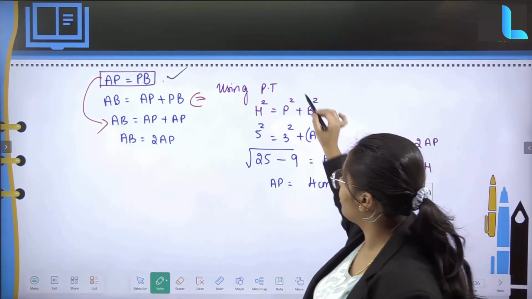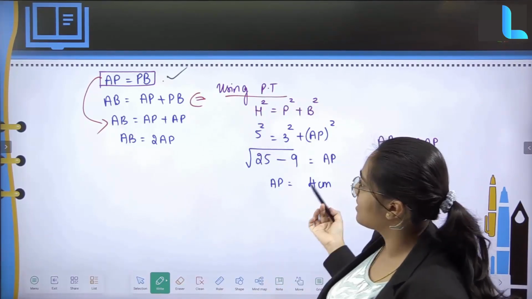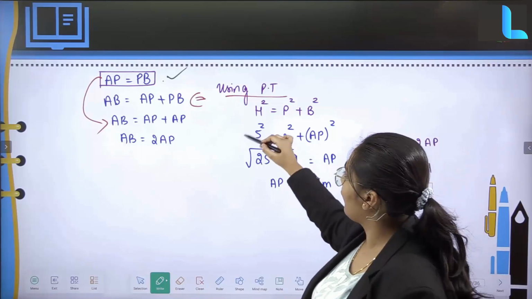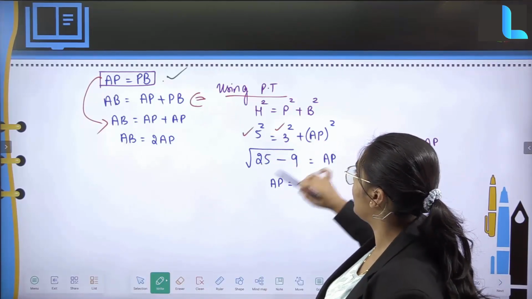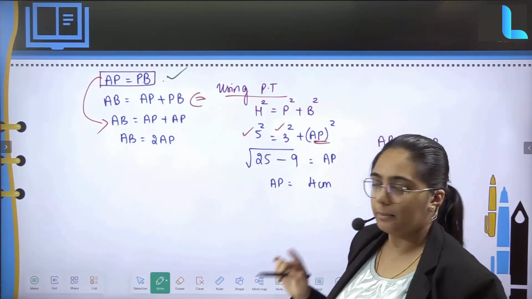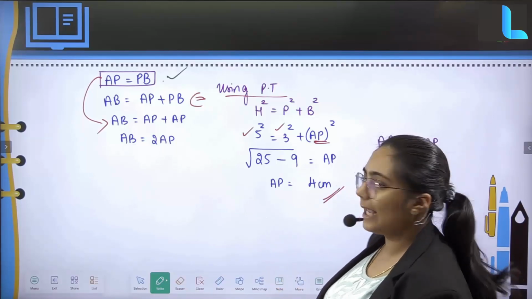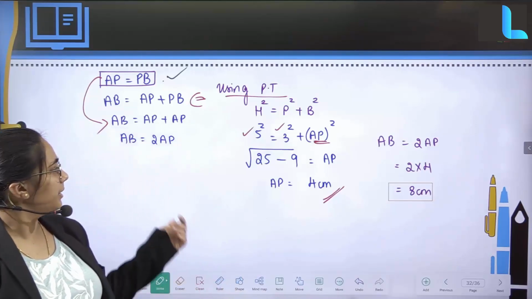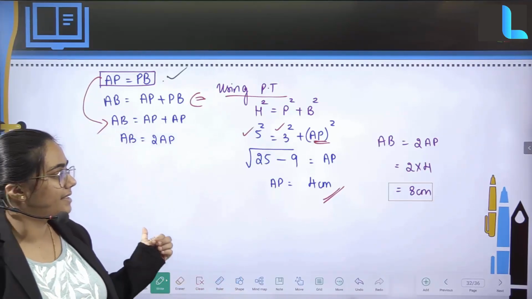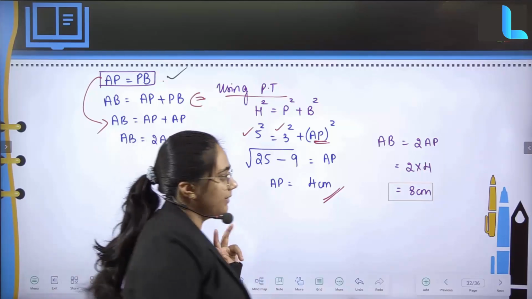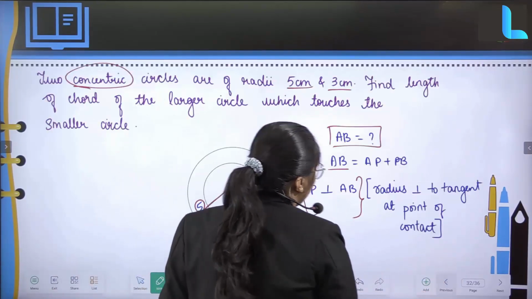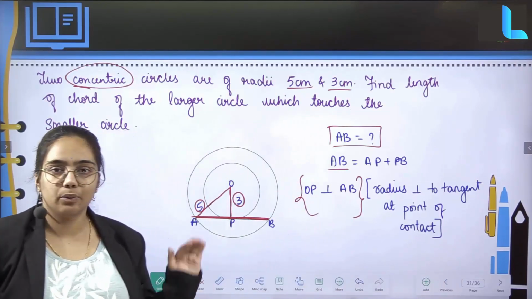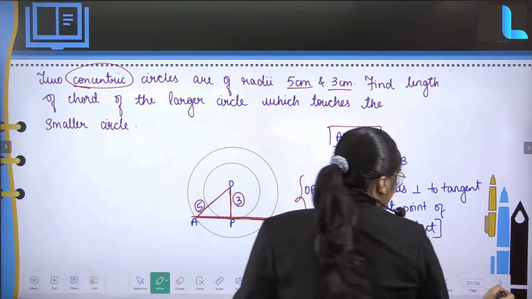Now I will consider the Pythagoras theorem. Considering the Pythagoras theorem, apply the values. You have the hypotenuse value and you have the perpendicular. All that you have to get is the base, for which you will get AP equal to 4 centimeter. Once you have got AP is 4 centimeter, here you had considered AB is equal to 2 times AP, which is equal to 8 centimeter. Therefore the chord AB is going to be equal to 8 centimeter.